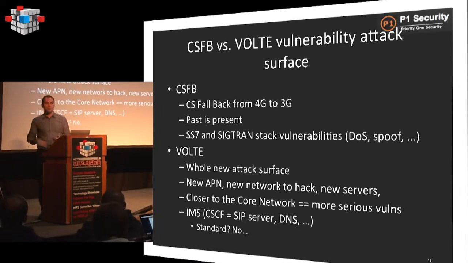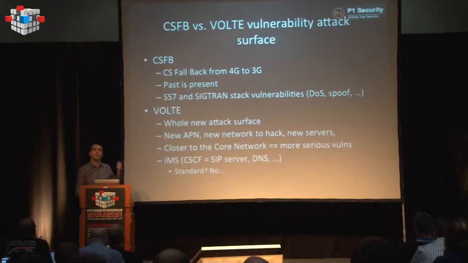You're happy with your new phablet surfing on Facebook, as you all do, I'm sure, and then you want to make a call. Most of the time you are going to switch back to the 3G or 2G network. It's called CS fallback, circuit switch fallback.